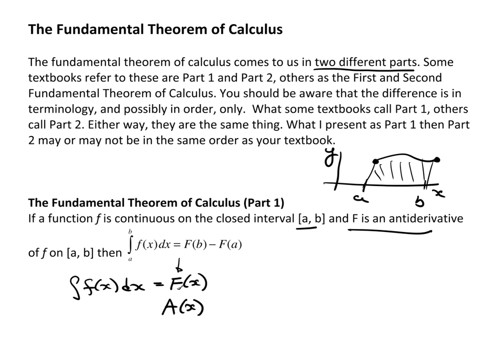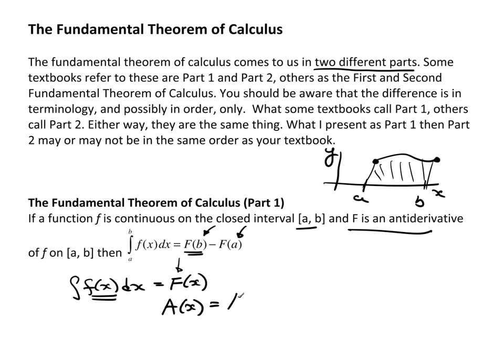Either way, both of these are the antiderivative of f. Now, what this theorem is saying is to evaluate this integral based on these antiderivatives. What we can do is simply say, hey, if I know these bounds a and b, this is equal to F of b, the antiderivative evaluated at b, minus F of a, the antiderivative evaluated at a.